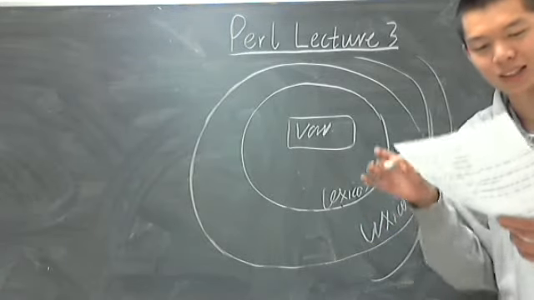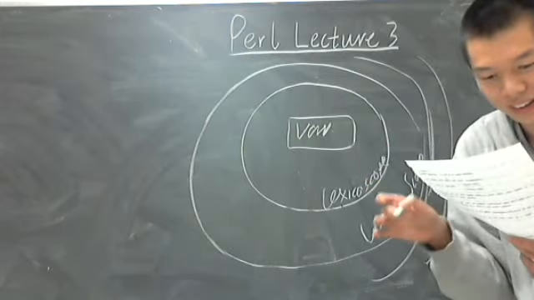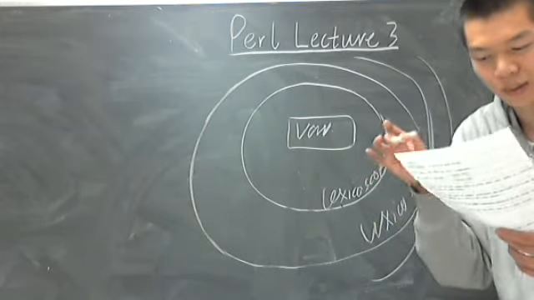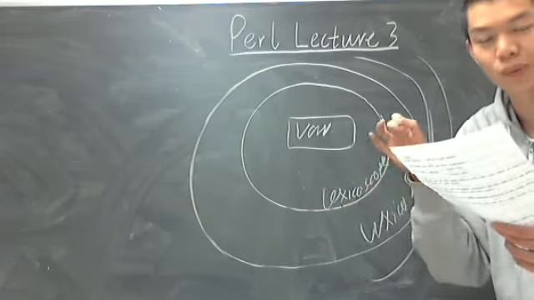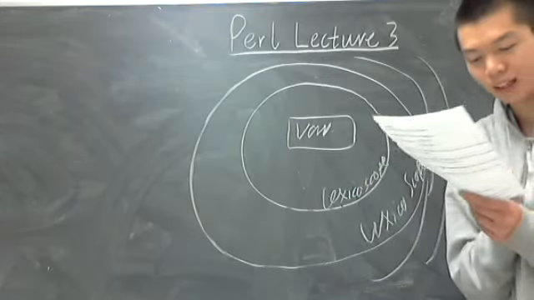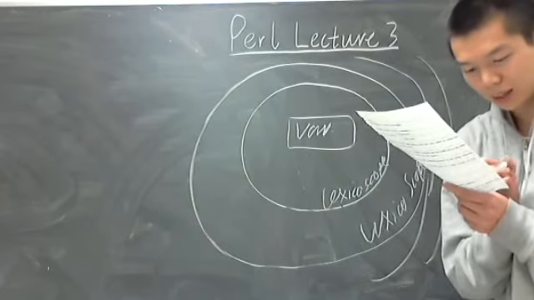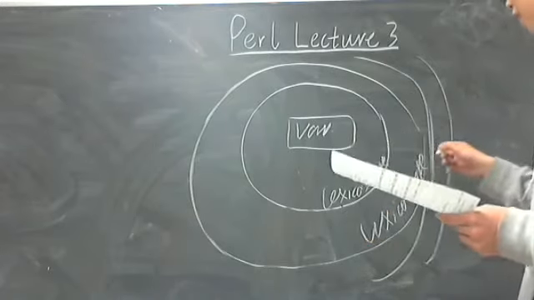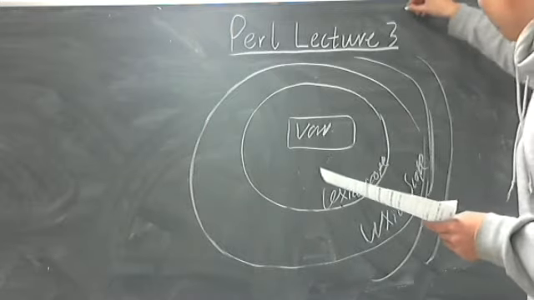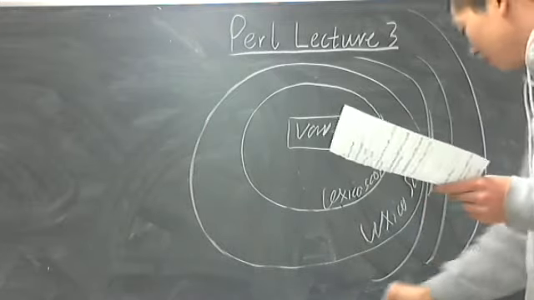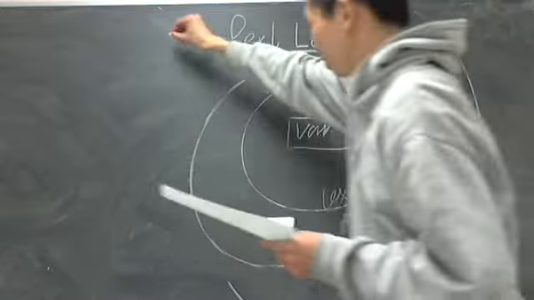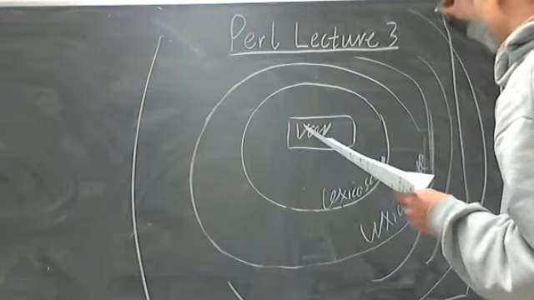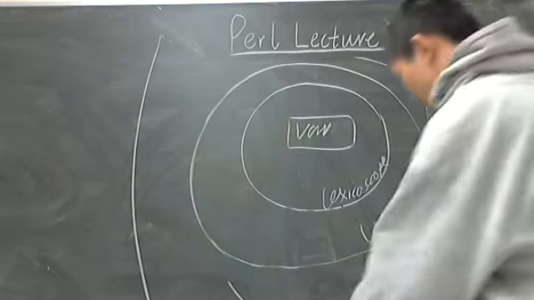Larry Wall actually writes, file is the largest lexical scope. A lexically scoped variable can never be visible outside the file in which it's declared, okay? That's very, very important. After this, finally, the Perl interpreter then looks for this bigger scope. I'm going to make it a square, okay, to differentiate it from the circles.